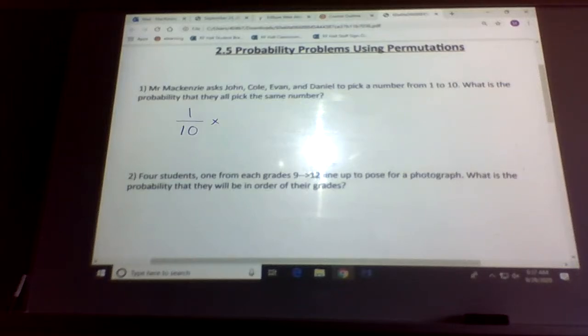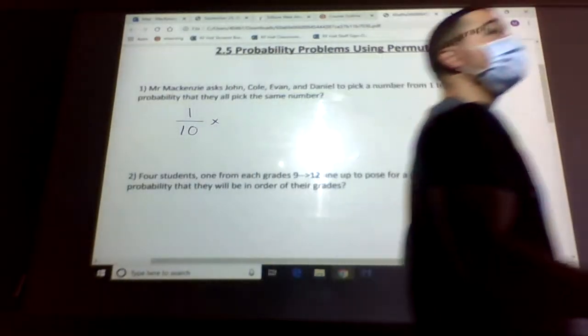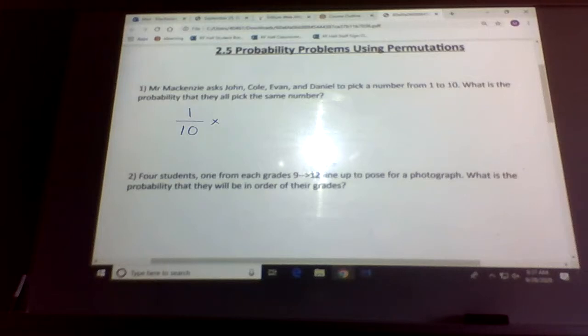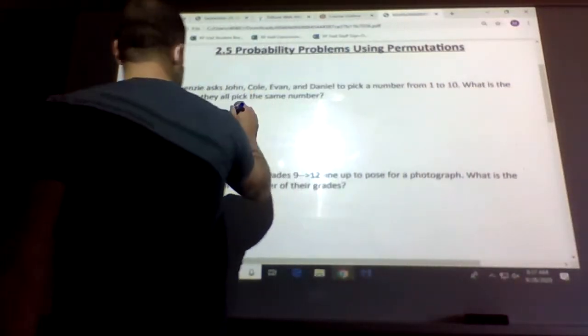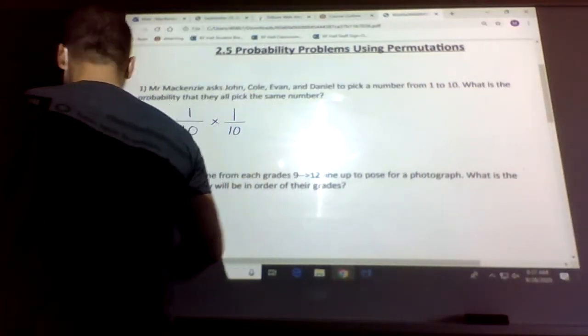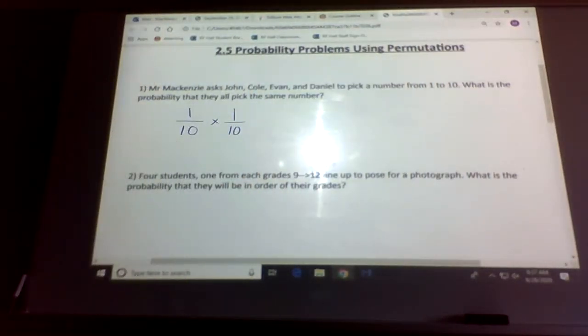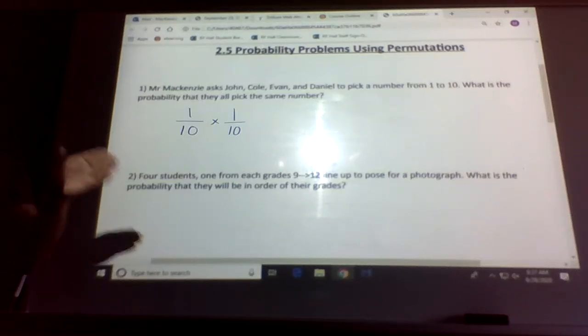Cole isn't going to pick a number out of 10, but we want it to be the same one. So it's going to be the same answer, 1 out of 10. Since we could repeat the same number, we want them to repeat, it doesn't change the denominator. The denominator still stays as 10.